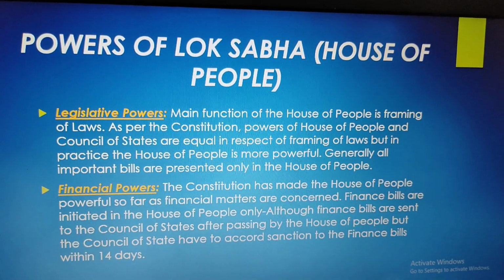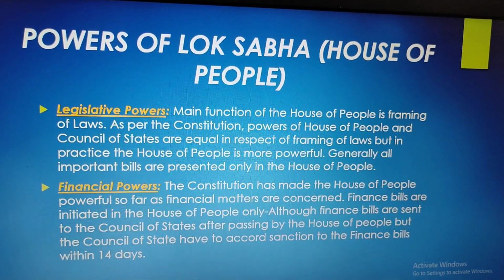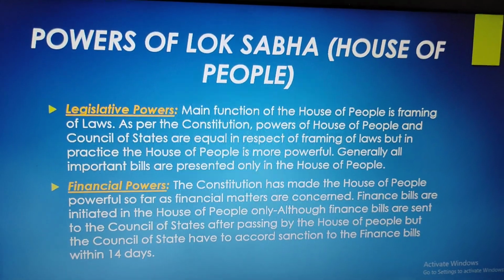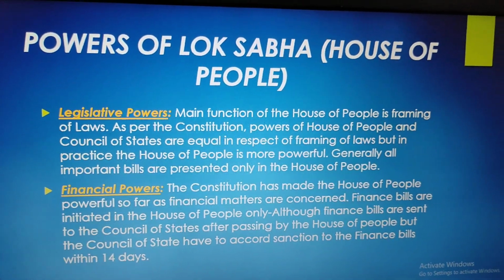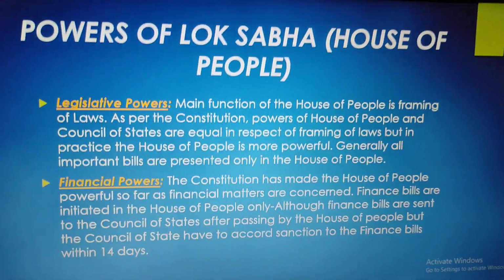If the Rajya Sabha says yes, certain amendments need to be made in these bills, then if Lok Sabha wants, it will bring a change. If it doesn't want, it will not bring a change and will pass it like that. It is the financial power of your Lok Sabha, right?